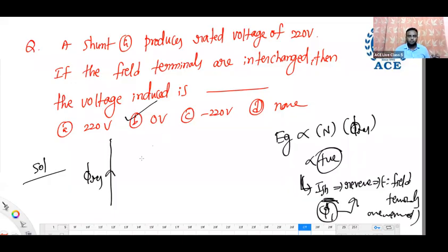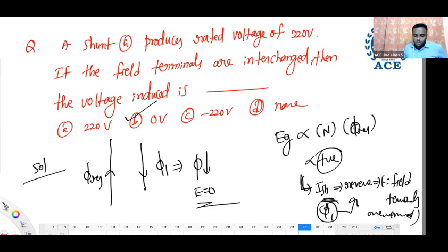It also reverses. Phi1 is opposite. Now what is the resultant flux? Decreased. So the EMF also decreases to 0. That's it. Got it now, all of you? Yes, all of you are right. Field winding terminal reversal means the field current directly reverses.